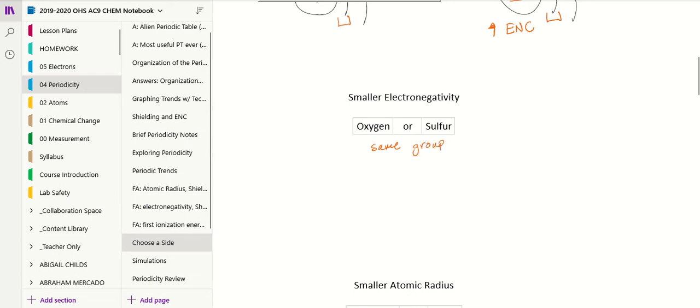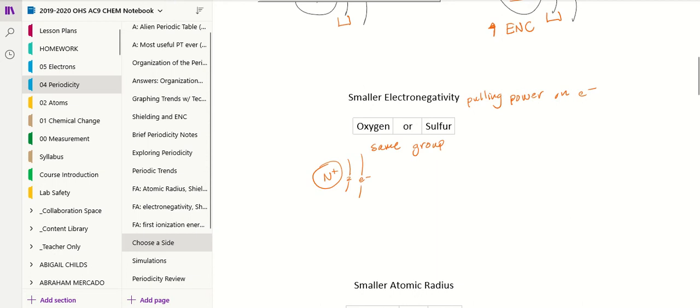Again, electronegativity, pulling power of your atom on electrons in a bond. So how well does your atom pull on those electrons? Well, if we look at oxygen, we have our nucleus, and we have 2 electrons in our first energy level. And then here's our valence shell right here.